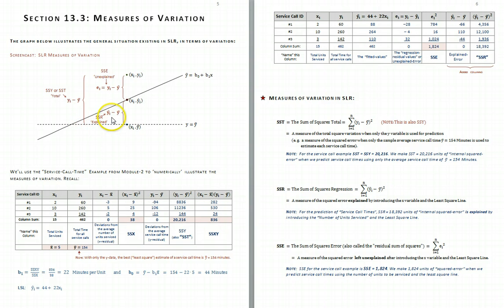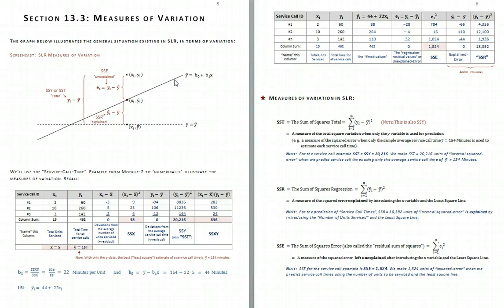If we were now to square each one of these yi hat minus y bar quantities and add them up over all i's, over all data values, we would get a quantity referred to as SSR, a part of the total variation that's been explained by the introduction of the x quantity in the simple linear regression line.